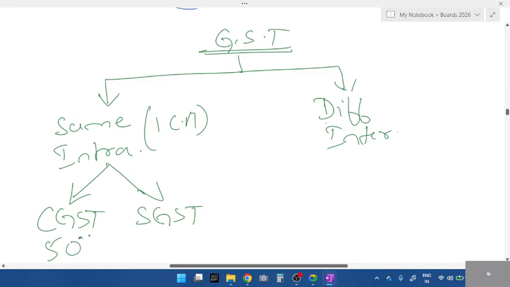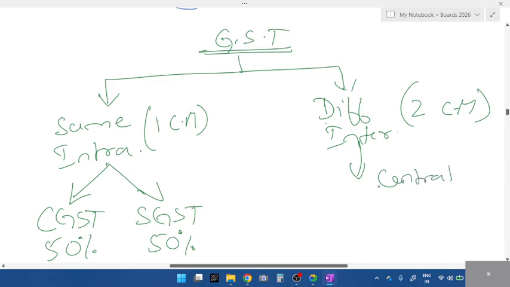Both 50-50%. Remember this ratio, students, 50%. When we talk about percentage, it is fixed. If it is a different state, we have 2 CMs. If there are 2 chief ministers, always a problem. So in interstate, GST will directly go to the central government. That is the Modi government. It will directly go to central and we call it as, what's the term given? Very good, IGST.